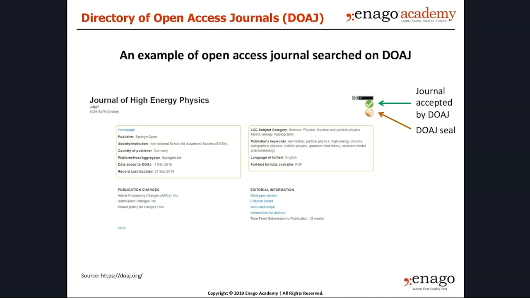The range of prices for article processing charges goes up to $6,000 in the big top-ranked glamour journals like Cell and Nature. So the range of prices for open access is considerable, and you can get that kind of information from the Directory of Open Access Journals.